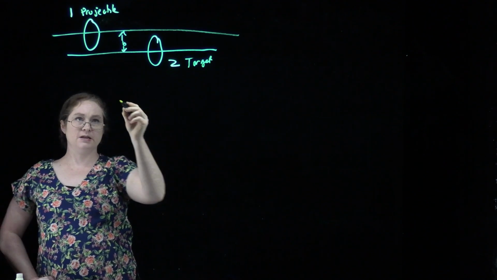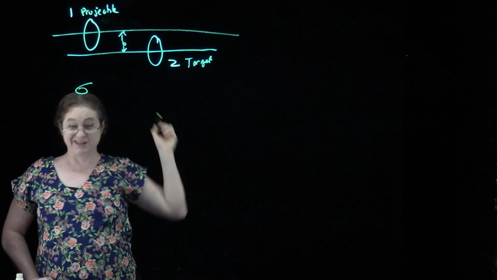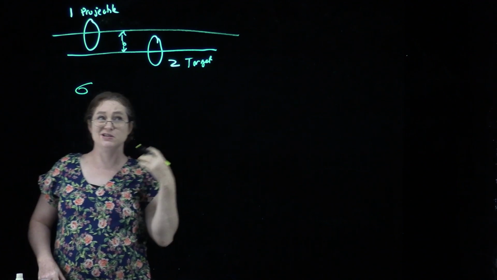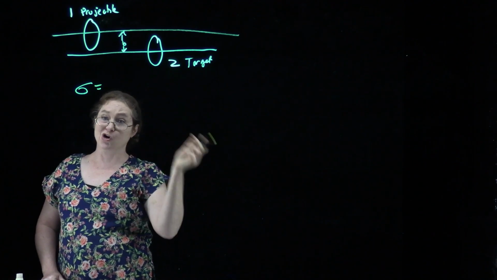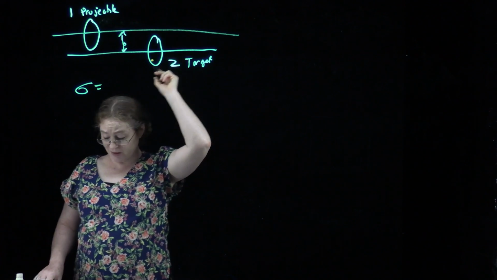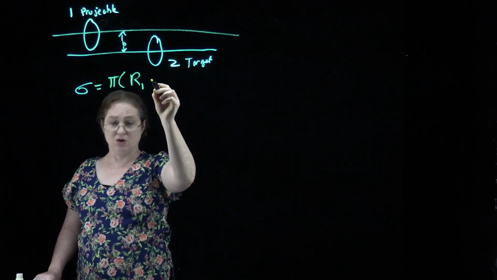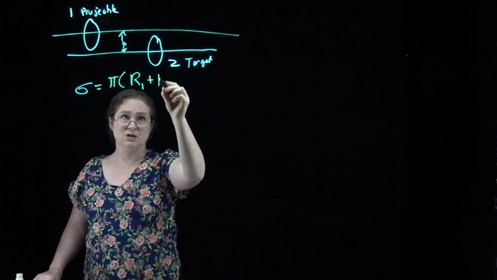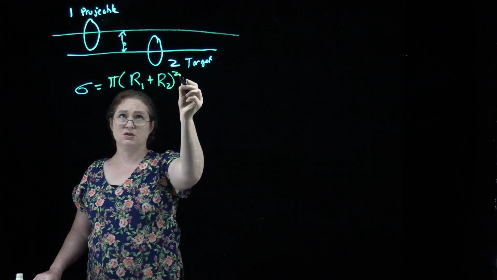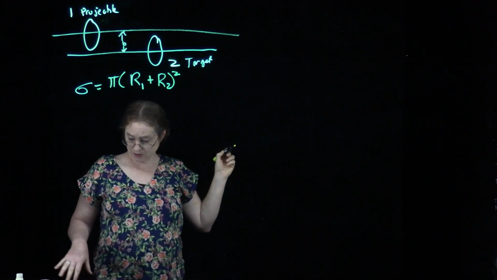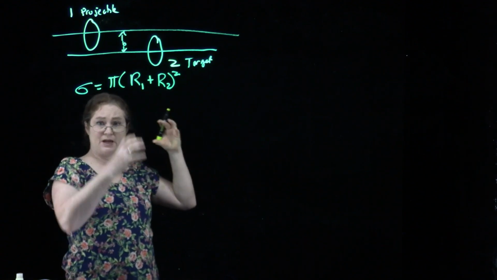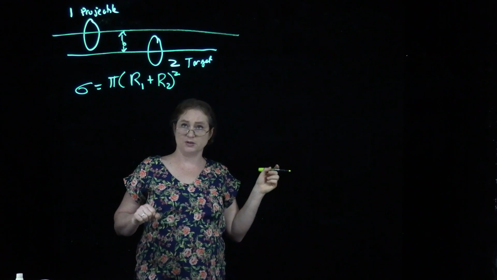And then your cross-sectional area for the target hitting the projectile is not just pi r2 squared, but it is pi (r1 plus r2) quantity squared. So that's the effective area for the target to hit the projectile.